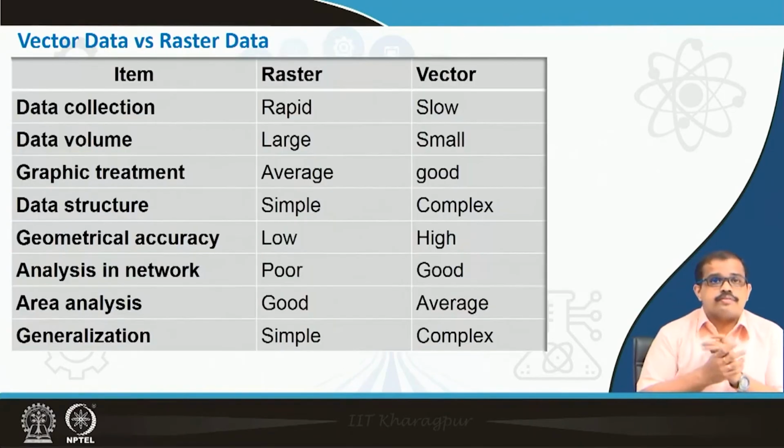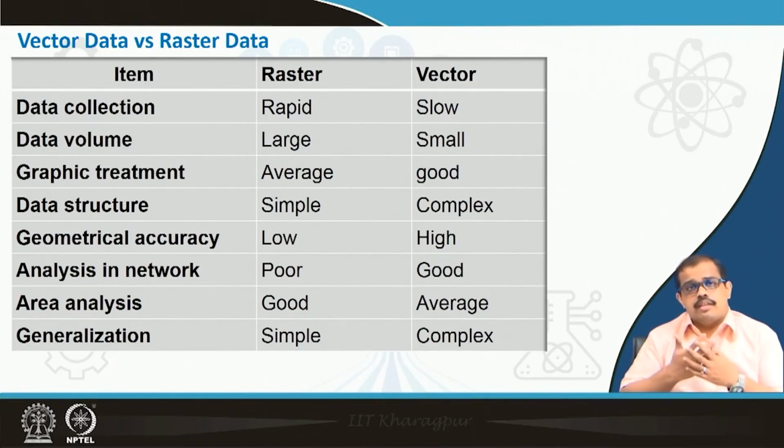Okay. So, now when we look at vector data and raster data, there are certain issues that are very important that you understand. For example, when you look at data collection, raster data is always extremely rapid in terms of data collection. Okay, you have various sources of data, and the information is easily accessible.